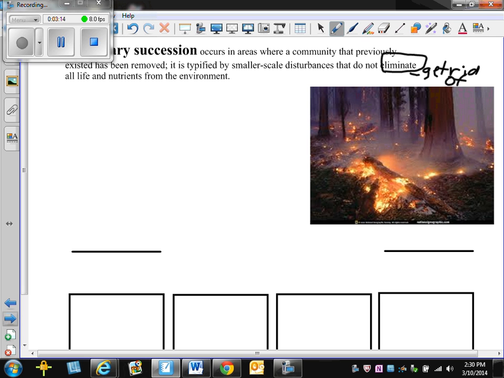So here we have a case of a forest fire. That's really common where I grew up in New Mexico. They can be devastating, but even as bad as the fire is, there's going to be some insects, some plants, some things that are still going to be living there. We also have hurricanes, have them here in Virginia.